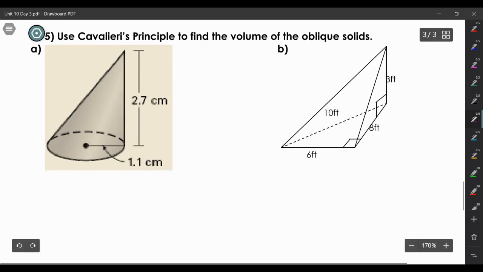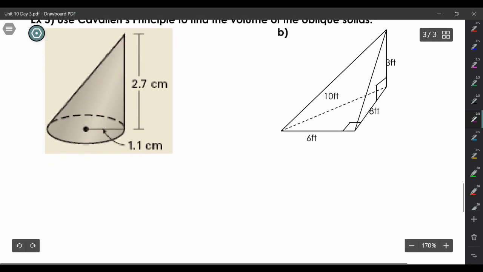So with letter A, what we'll do is the same thing. Volume equals pi r squared times h. Because this is a cone, we have to divide it by 3.